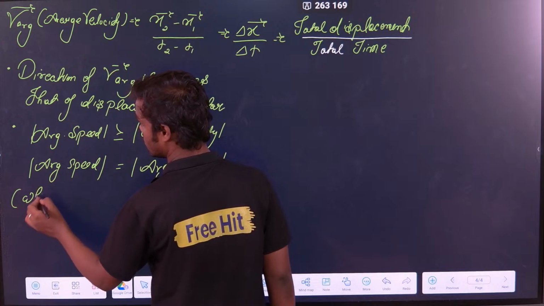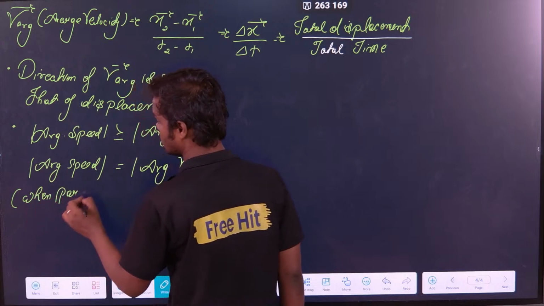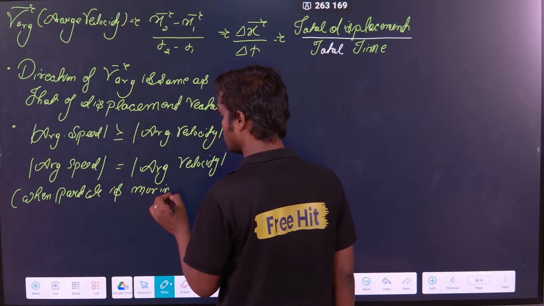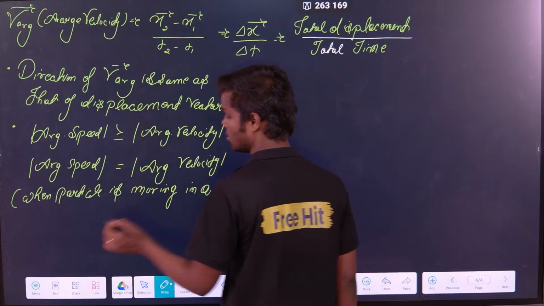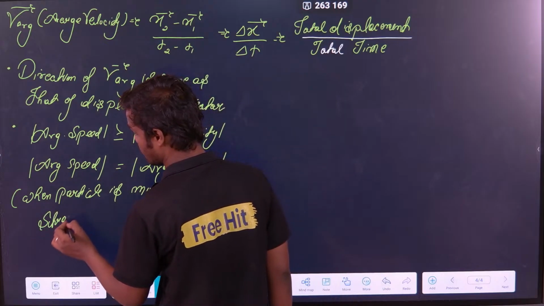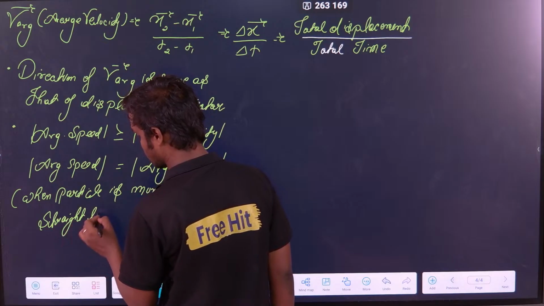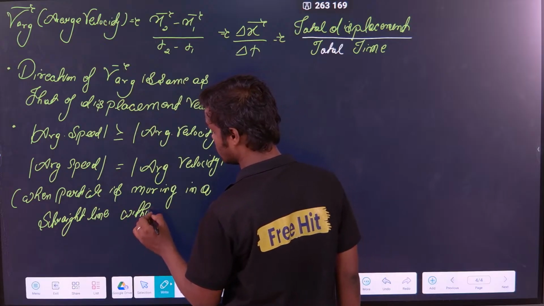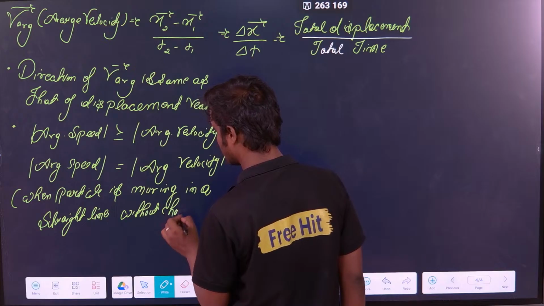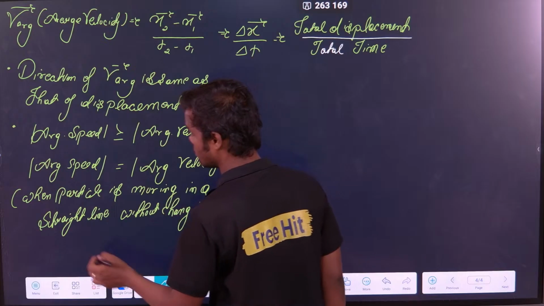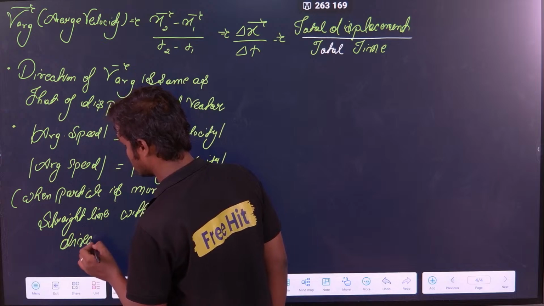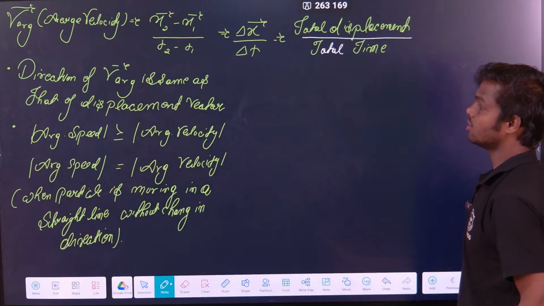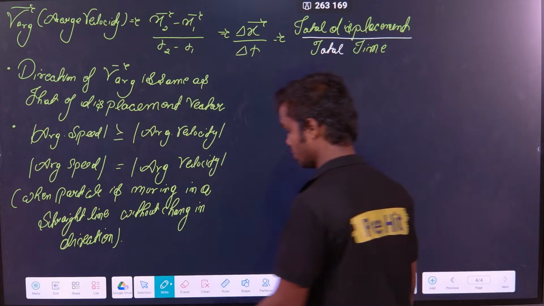When the particle is moving in a straight line without change in direction, then in that case only we will get the average velocity the same as the average speed. Correct?